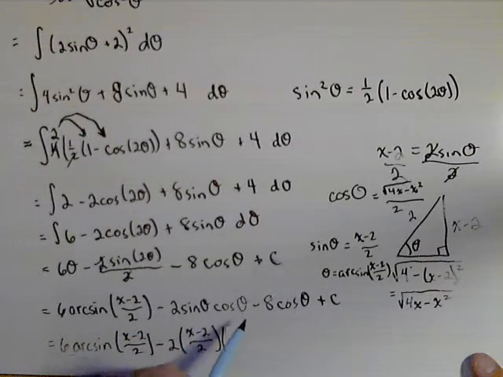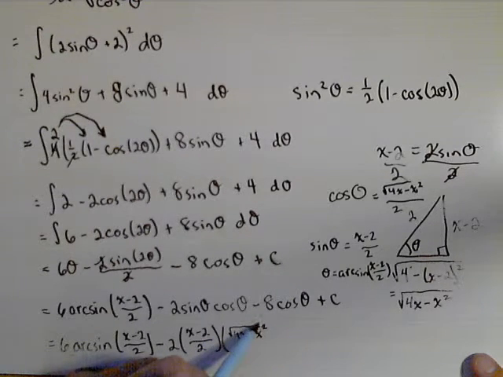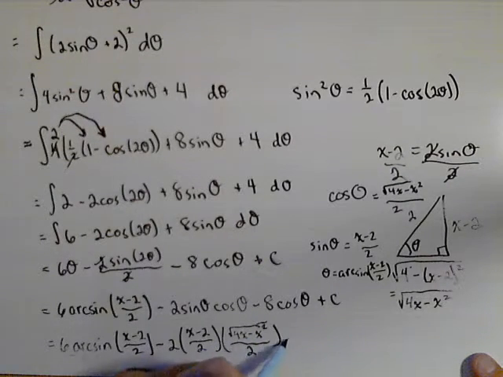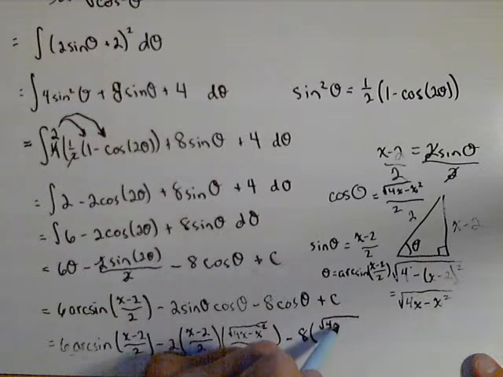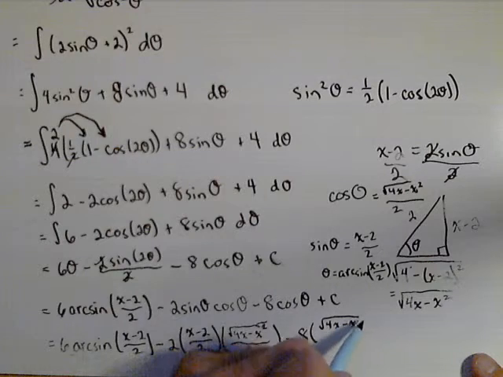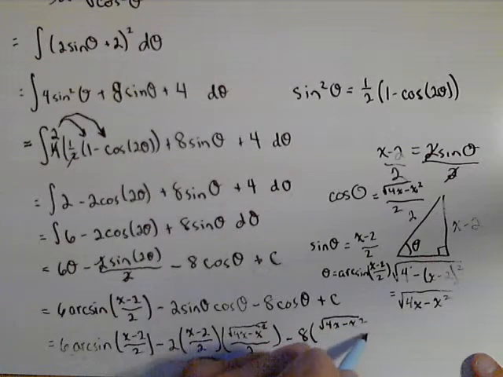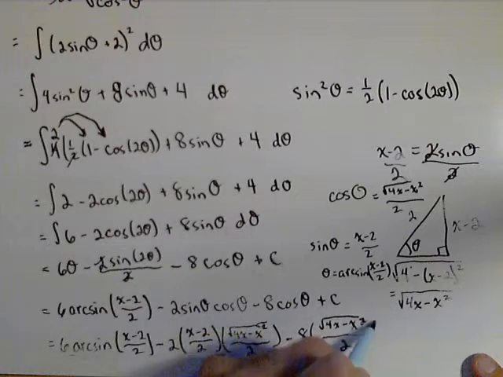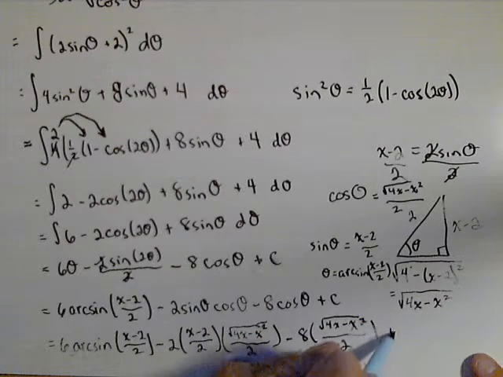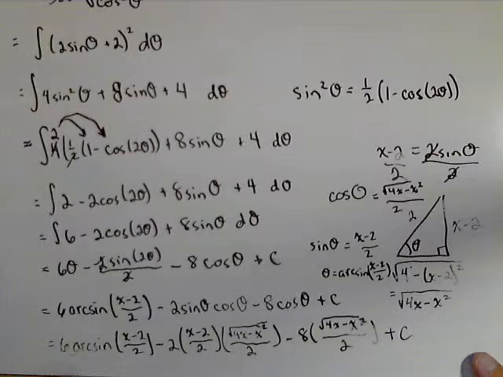Cosine theta is square root of 4x minus x squared over 2, minus 8 times cosine theta, which we just said is square root of 4x minus x squared over 2. And finally our plus C.